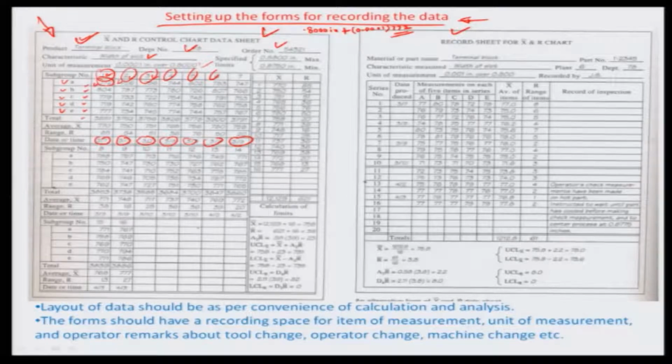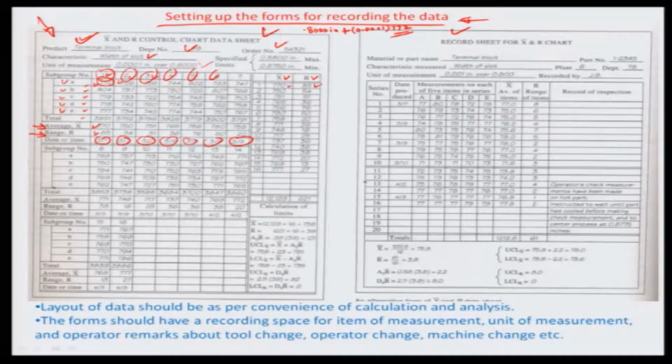Having said that, you can see that there is an option for X bar and R. All the X bars which are reported on these average X bar and range R rows have been replicated here again. 770, for example, is the first average of the subgroup, and the range there is 85.